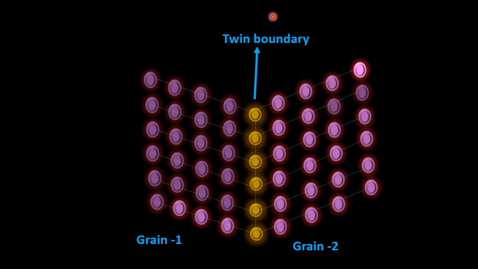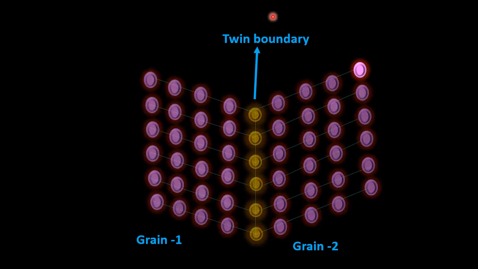On the other hand, when there are deformations during annealing or heat treatment, twinning occurs on definite crystallographic planes and in specific directions.